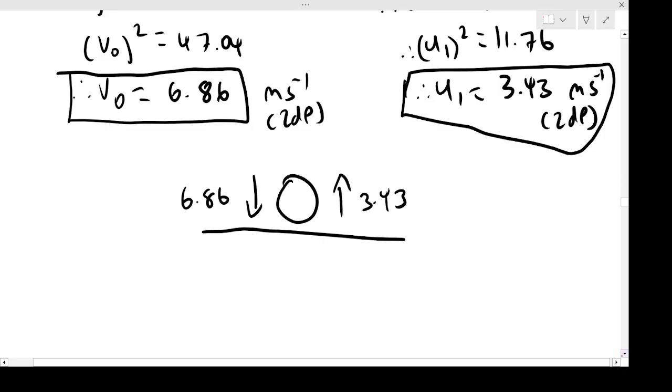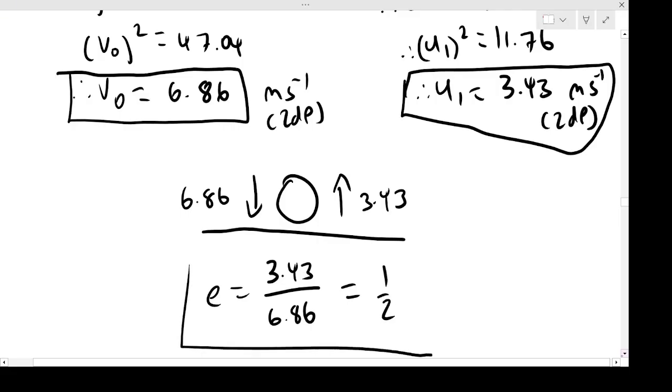Okay, so E in this case is going to be the speed after, 3.43, divided by 6.86. If I work that out, I indeed get a half. I get 0.5. And so there we are.